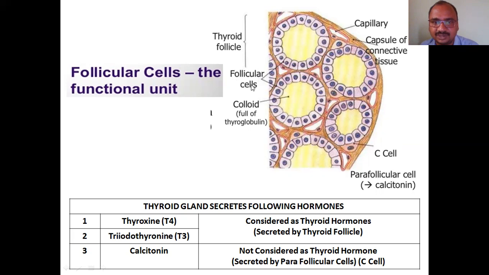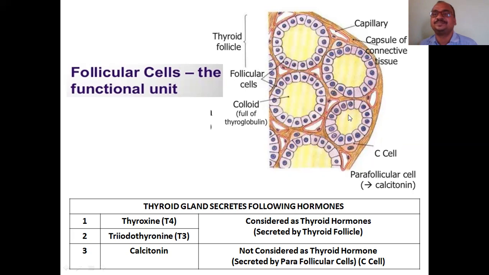Inside the follicular cells, at the center part, you can see the colloid. It is full of thyroglobulin. This is very important again. So three parts are very important: the thyroid follicle as the complete structure, each thyroid follicular cell, and the colloid inside.